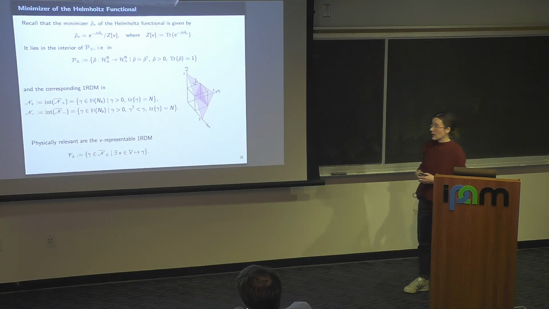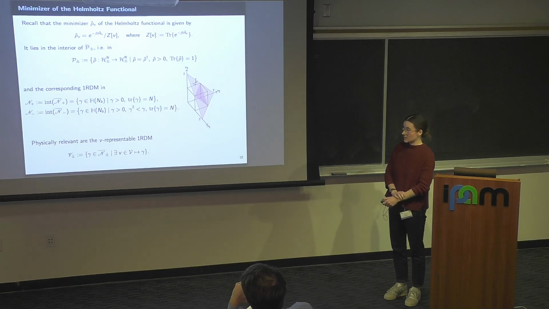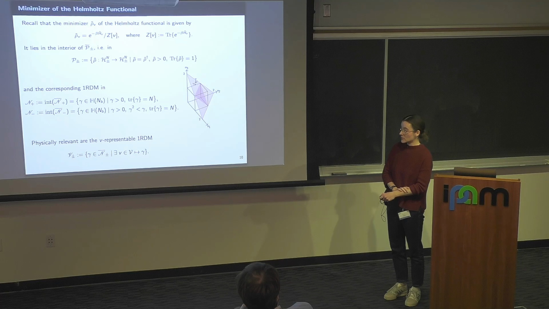And then, as mentioned at the beginning, physically relevant are the v-representable 1-RDMs. So all the 1-RDMs which are produced by a potential. So there is a potential such that this is the ground state 1-RDM.